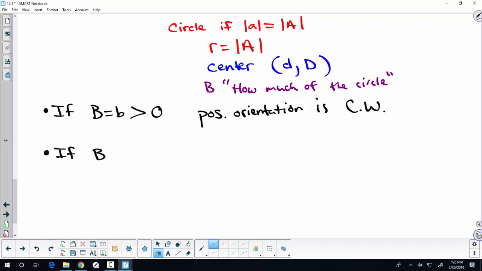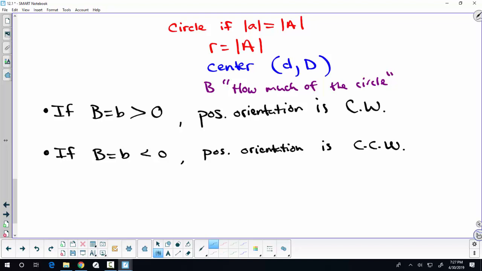Similarly, if B is negative, then the positive orientation is counterclockwise. You'll have what you need.